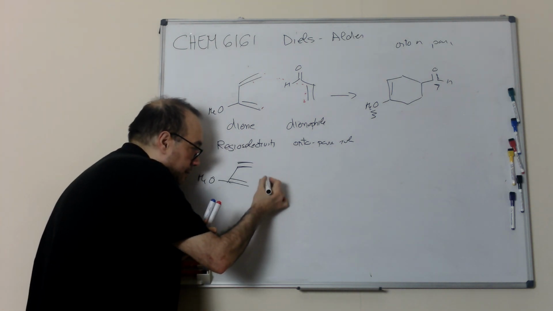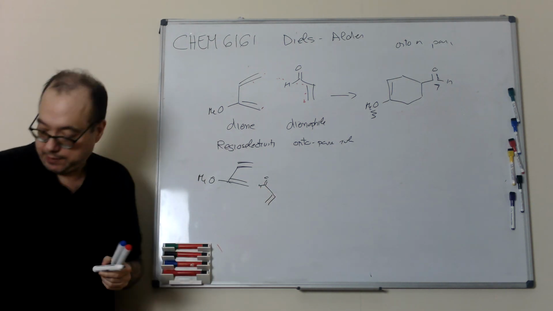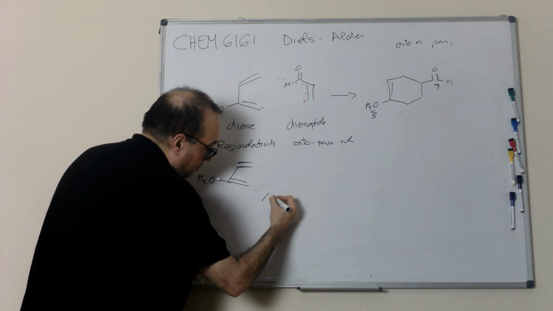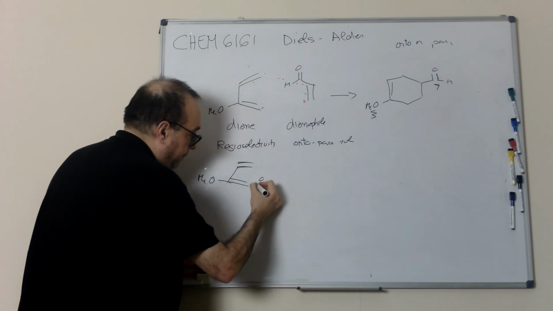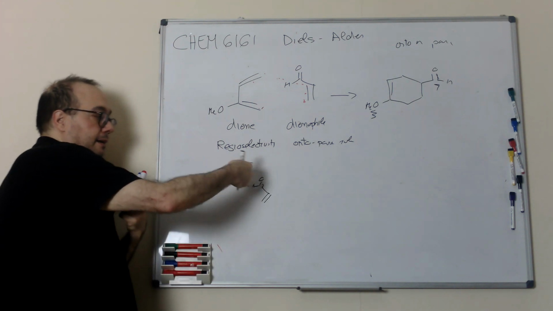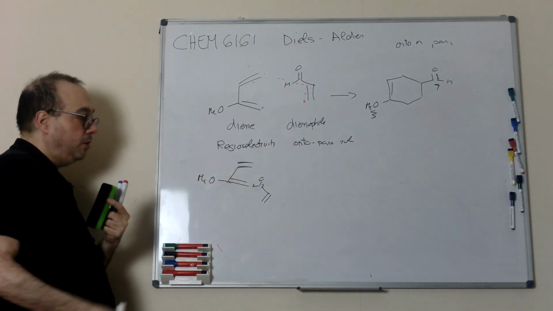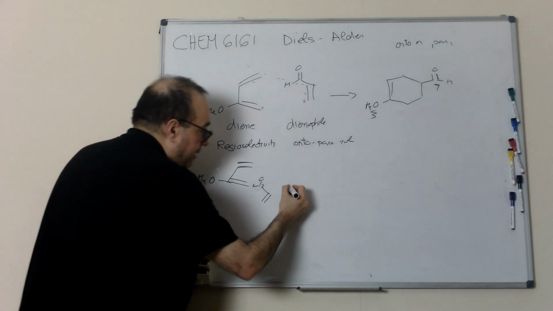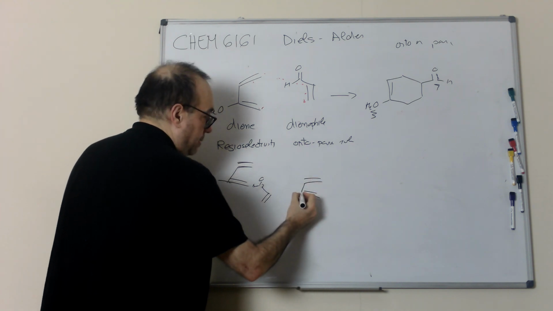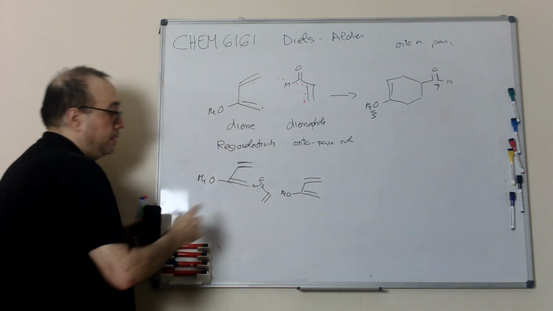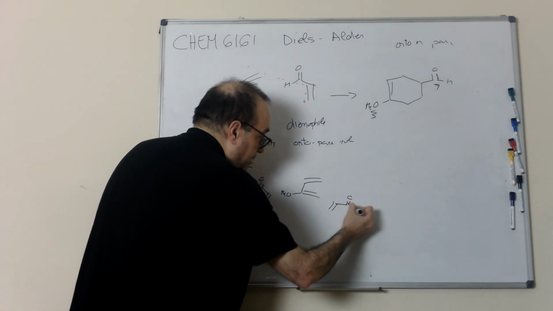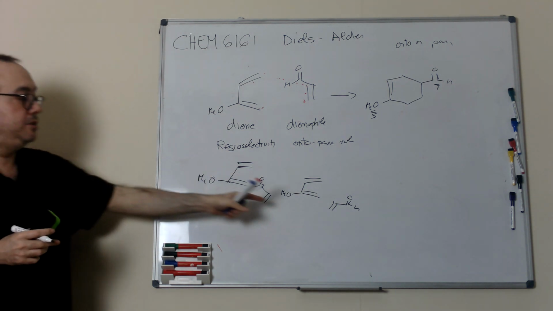I will try to draw it a little bit better. From the bottom, one is that we have this approaching with the aldehyde inside the diene, or we can have the aldehyde opposite to the diene, sorry.